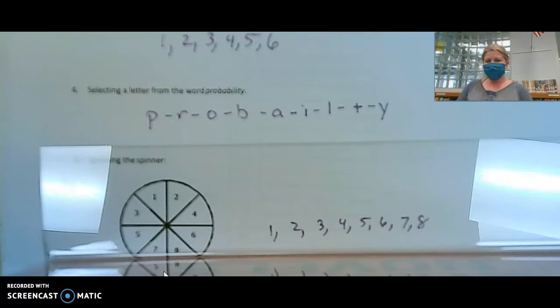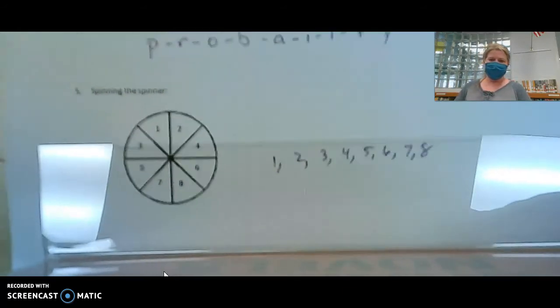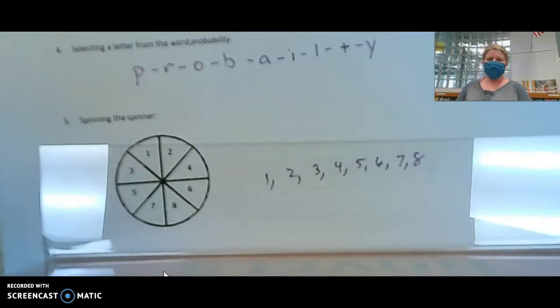So, for example, B is only listed once, even though there are 2 B's in the word, because for the sample space, B is an option, and I would not need to repeat that. And then for our spinner, we have numbers 1, 2, 3, 4, 5, 6, 7, 8. Now on the spinner, they are out of order, but those are the numbers that are there. Therefore, those are the options or the sample space that we could expect to get.